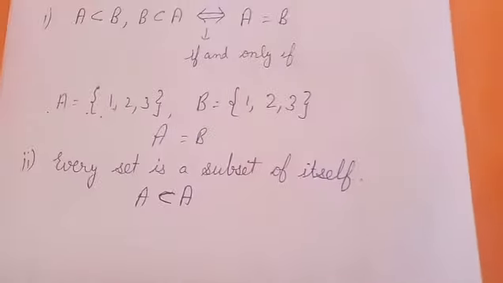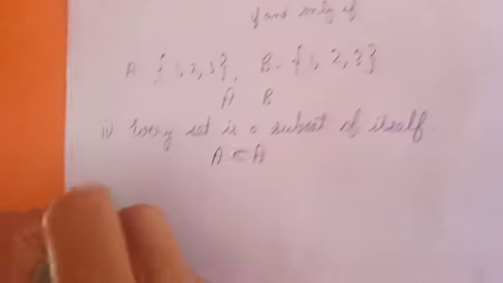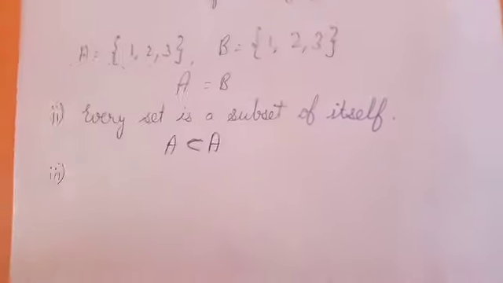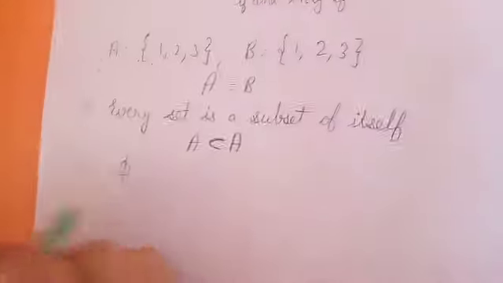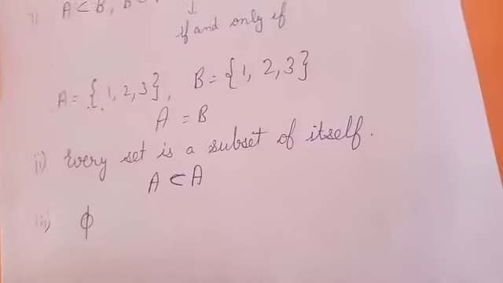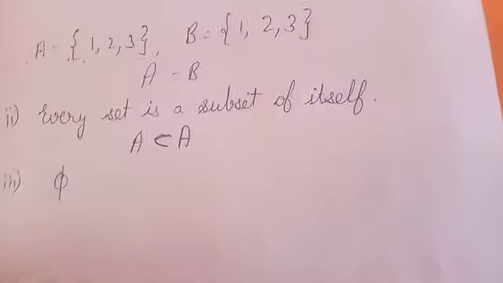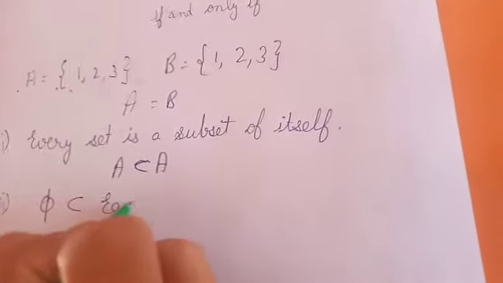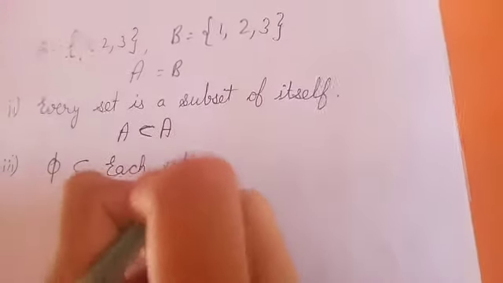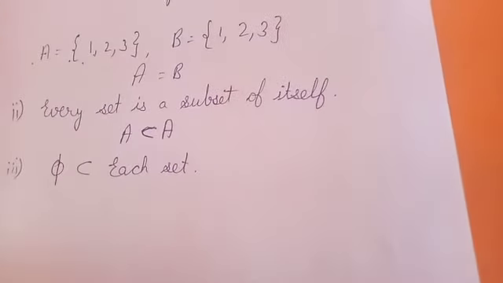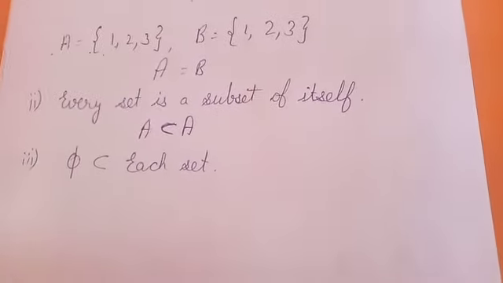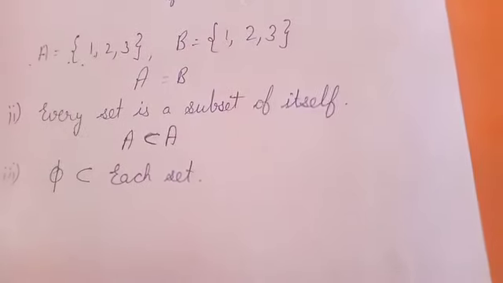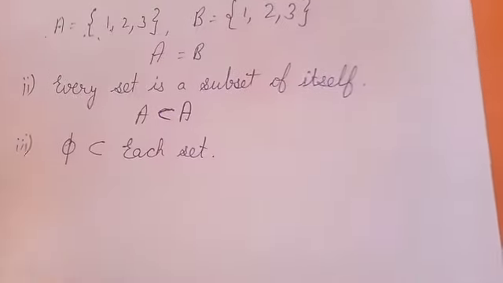Okay, now third thing, phi means empty set. Now empty set has no elements, so phi is a subset of each set. Okay, phi is a subset of each set.